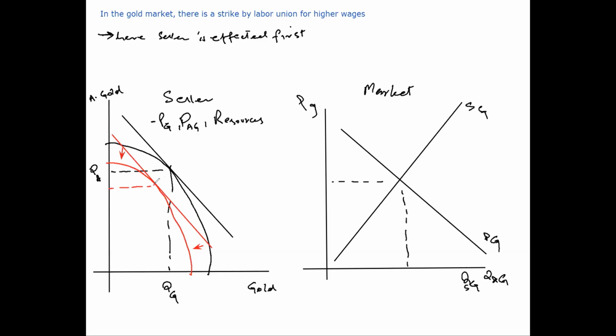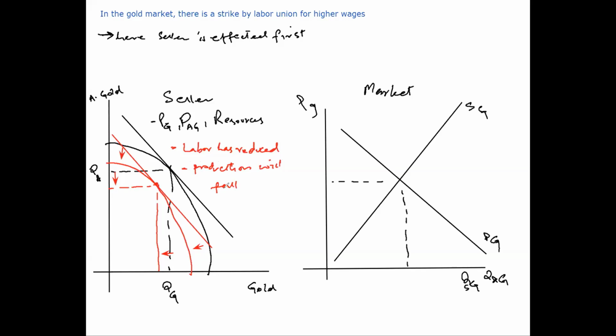So what has happened in this new equilibrium? The quantities of production of gold and artificial gold have reduced. Let me write: because of the strike, labor has reduced, so the production will fall.